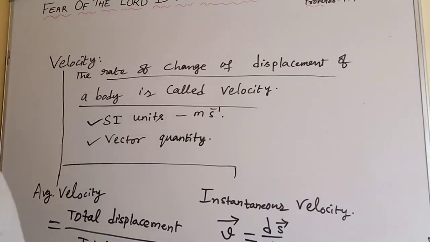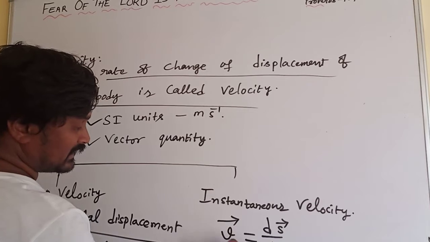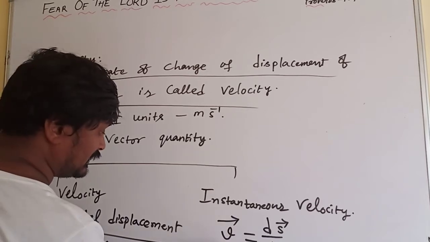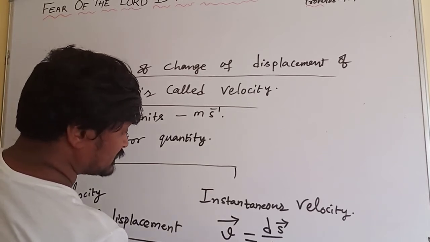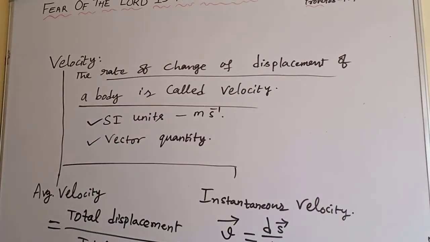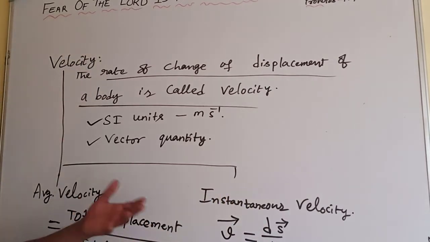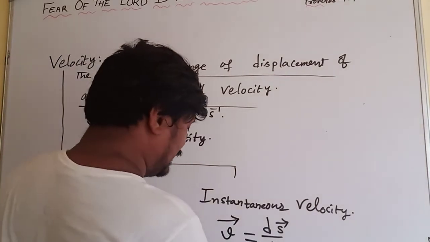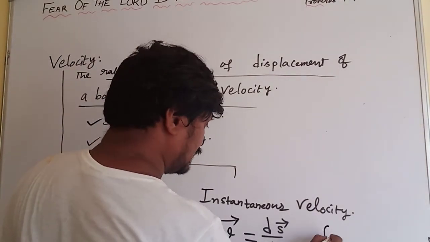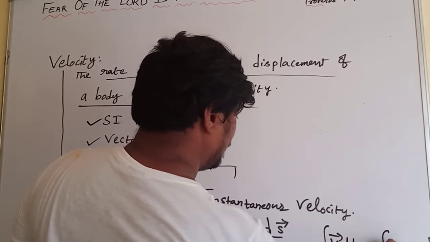Still we can write this: dt is dividing, so it comes to multiplication. So v bar dt is equal to ds bar. Now we can simplify it further. Just take the integrals on both sides, and you'll get these formulas which you have to remember. Integral v bar dt is equal to integral ds bar.